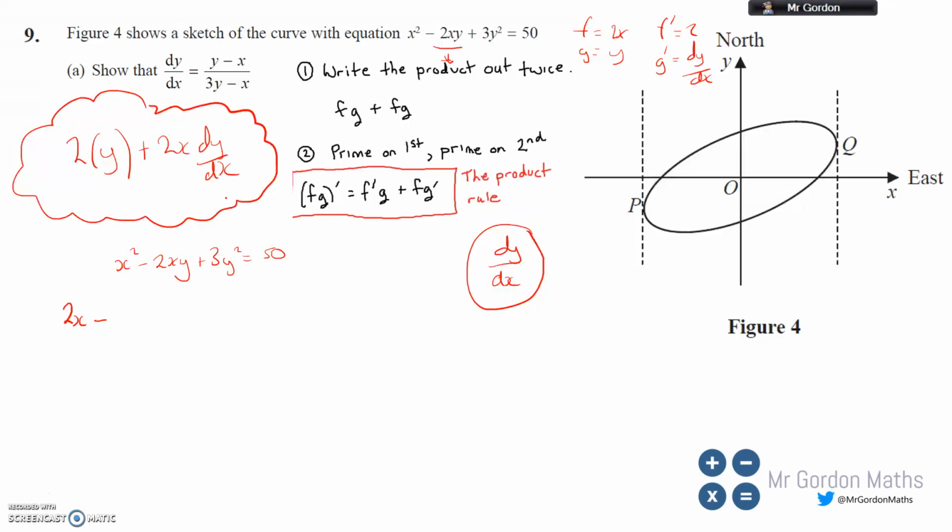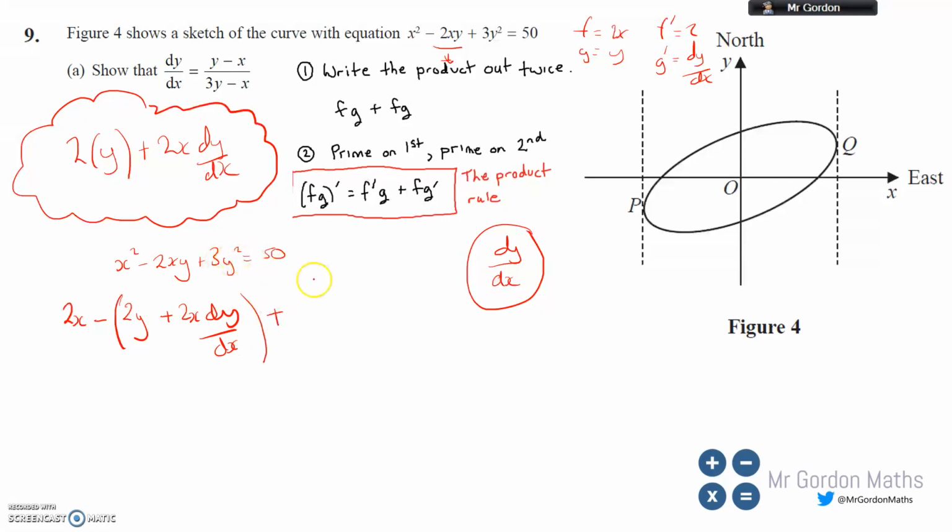I'm just checking my answer to make sure that I got the same thing, which I did. Now, the only problem is it's minus 2xy, and I haven't done that up here. So I'm going to put this into a bracket: 2y plus 2x dy by dx, and see if that holds out for us.